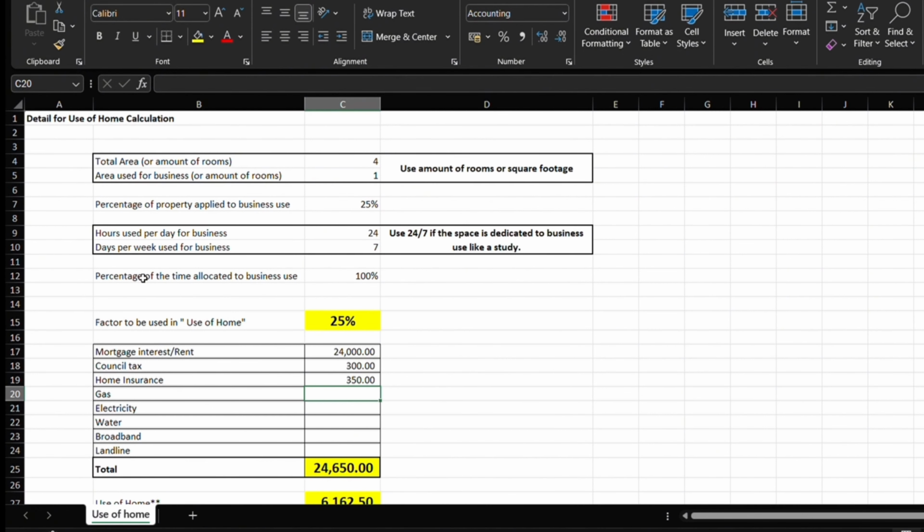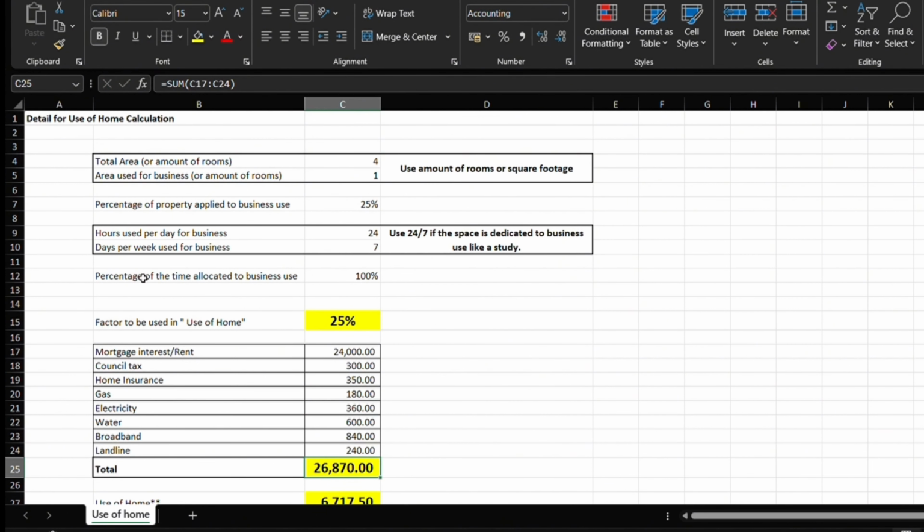Gas is £15 per month multiplied by 12, and electricity is £30 per month multiplied by 12, and water is £600 per year. Broadband is £70 per month, multiplied by 12 for £840 per year. And landline is £20 per month, multiplied by 12 for per annum purposes. So these are the total expenses.